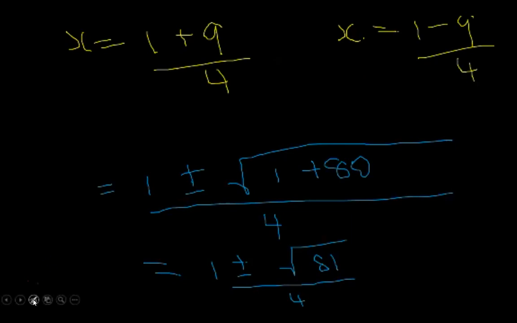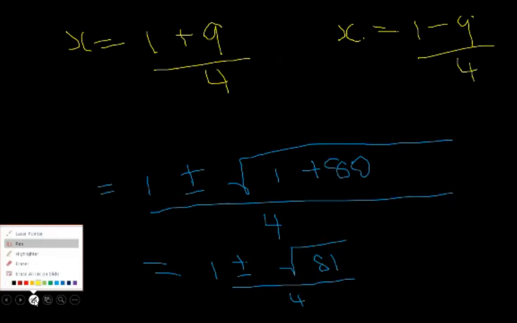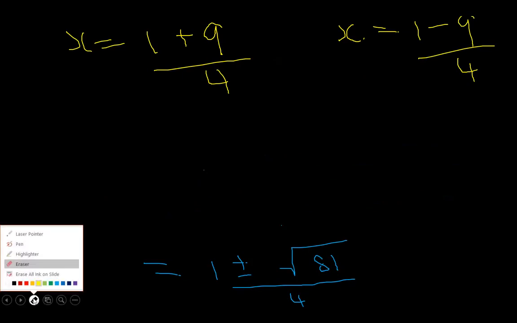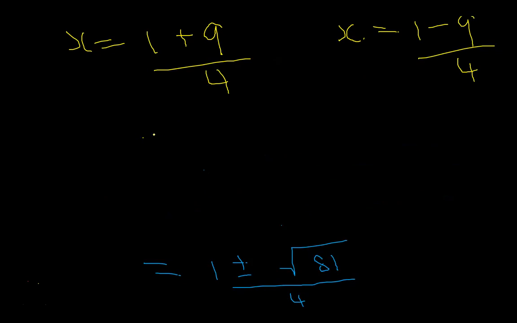If I simplify this, 1 plus 9 is 10, and 10 on 4 reduces to 5 on 2. 1 minus 9 is minus 8, and minus 8 divided by 4 gives me minus 2. So they asked me to solve. I would say my values are x is 5 on 2 and x is minus 2.